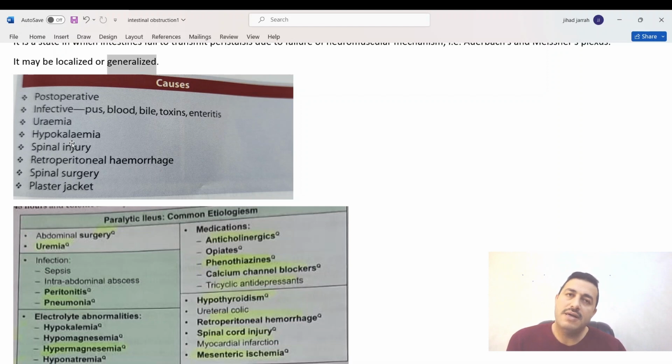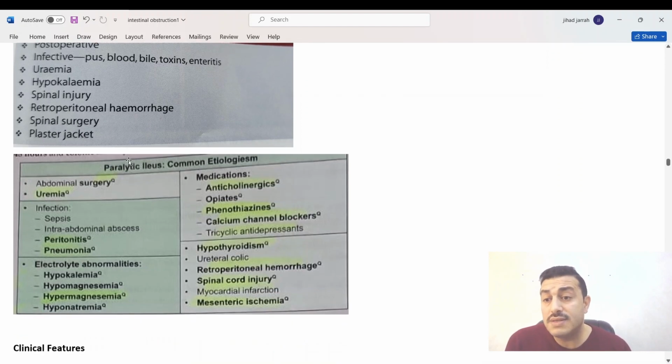Hypokalemia, we know that it is the most common electrolyte abnormality that may cause it, with surgical significance. Spinal injury, actually, and any surgeries in the spine. Okay, spinal surgeries, they mention it here. Retroperitoneal hemorrhage, retroperitoneal surgeries, renal surgeries, and plaster jacket.